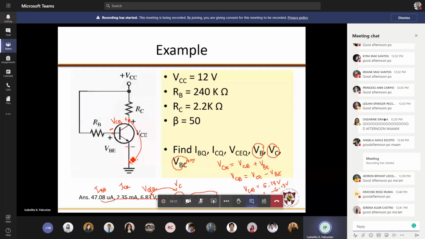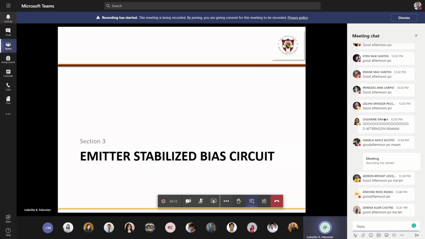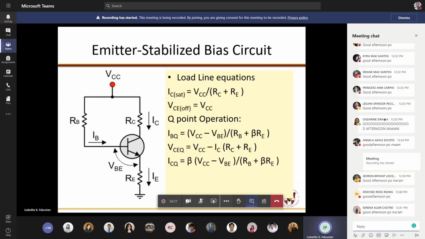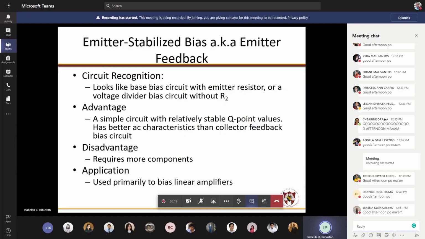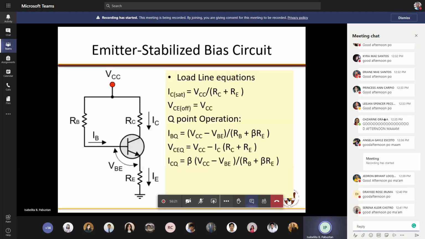And then, we have the emitter stabilized bias circuit. Let's see, ano lang yung difference? You can do this. Sige, you tell me, what's the difference between the fixed bias and the emitter stabilized? Observe. May resistor.